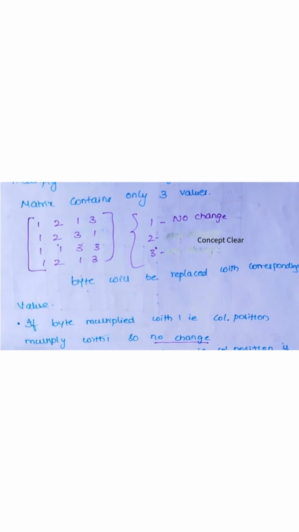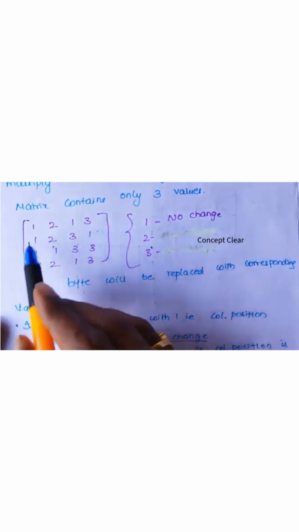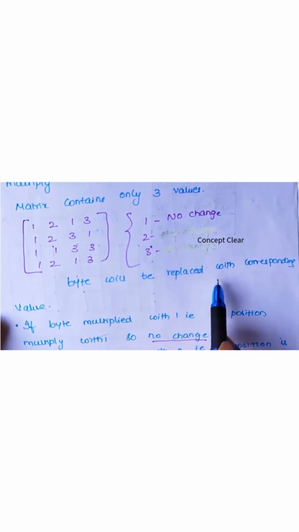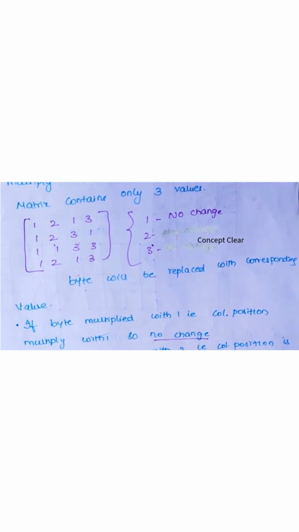Okay, for example, here taking matrix values. These are the random values I am considering. These are the matrix values, random values. Okay, only 3 values. If it is the first row, there is no change. In the first one there is no change. And what about the byte? In the second row, the bytes will be replaced with corresponding values. The first one has no change, and the second value will be changed according to the corresponding values.